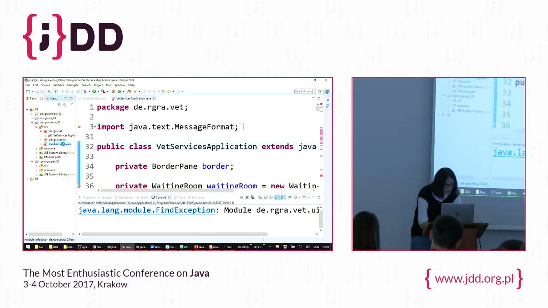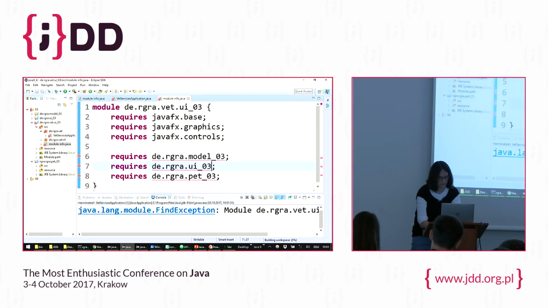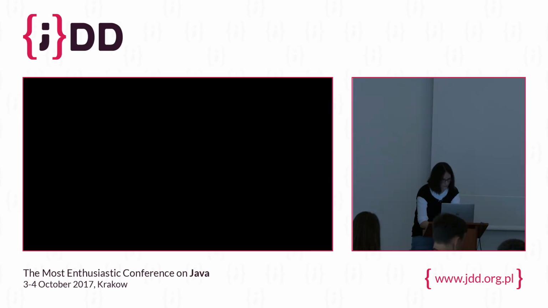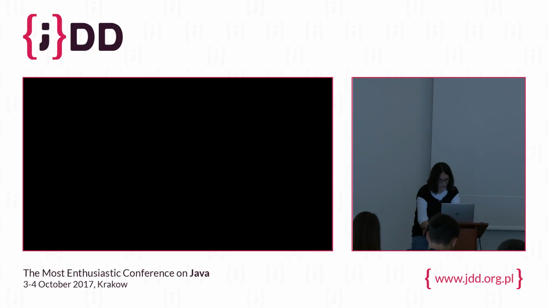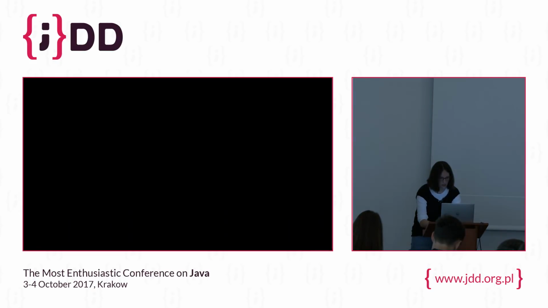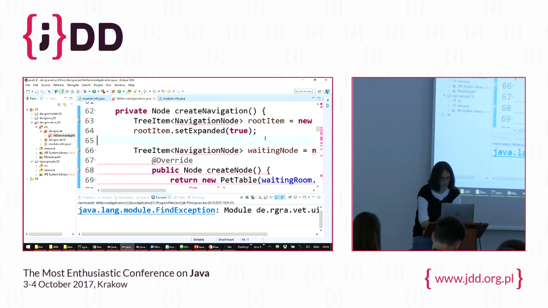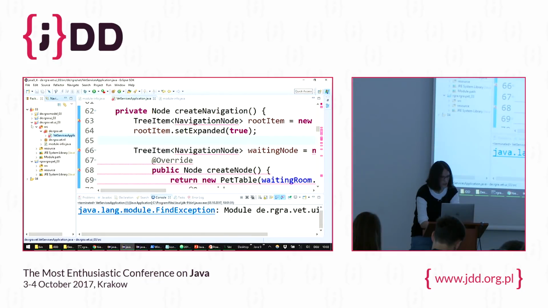Cannot find the module. This one has errors as well. So that's a problem, right? The IDEs are not really ready right now to actually do some module application stuff. Okay. So you just have to believe me for a moment that it actually runs now as a modular application with these four modules in there.